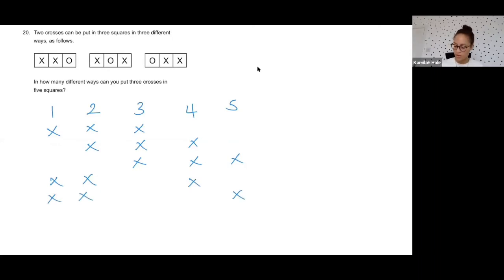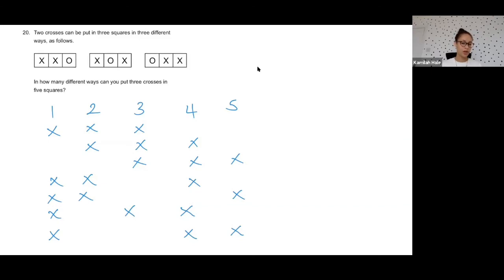Now let's do, what's the most natural progression from this? Let's see. Okay, so let's do 1 together and 2 over here. 1 there, and then 2 over here.